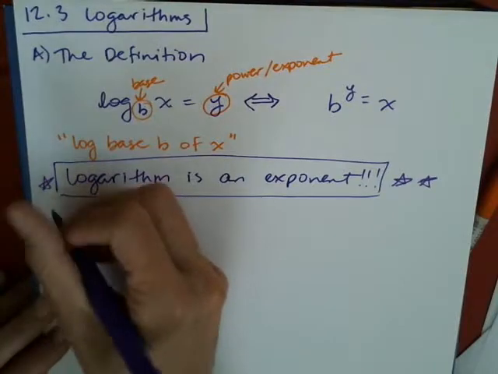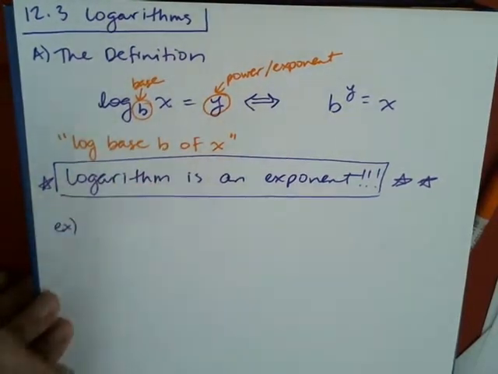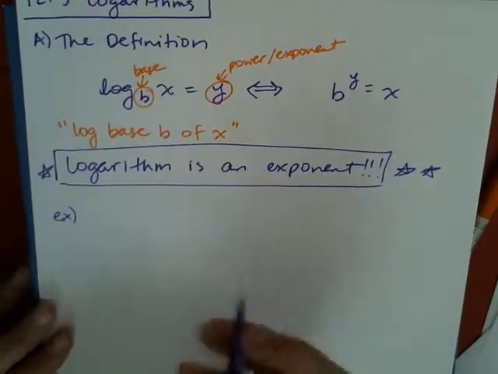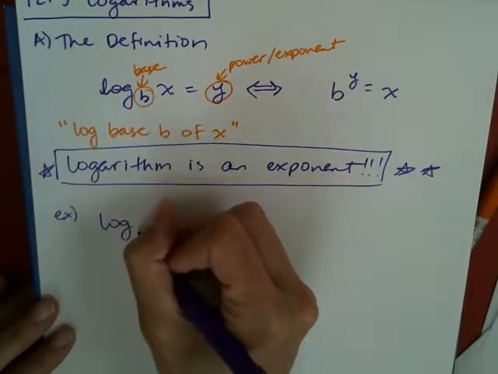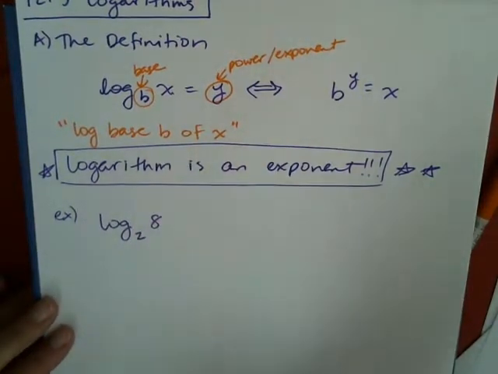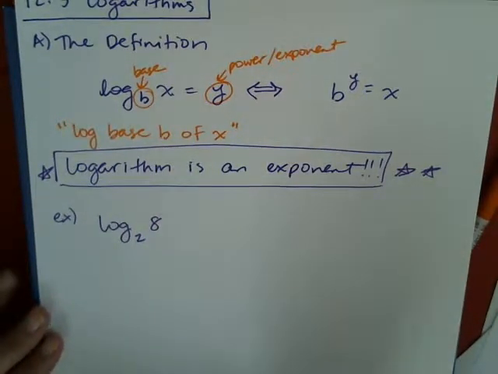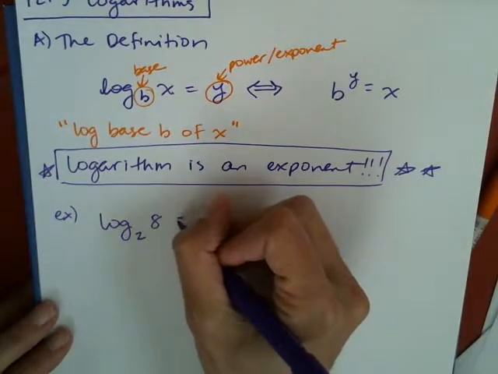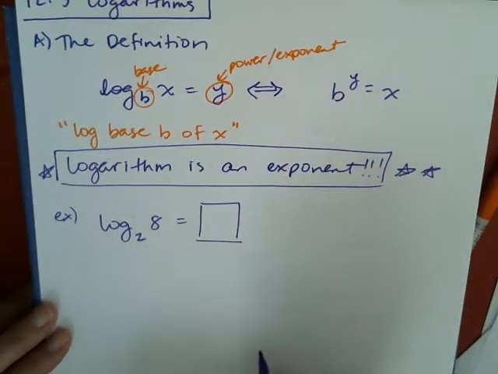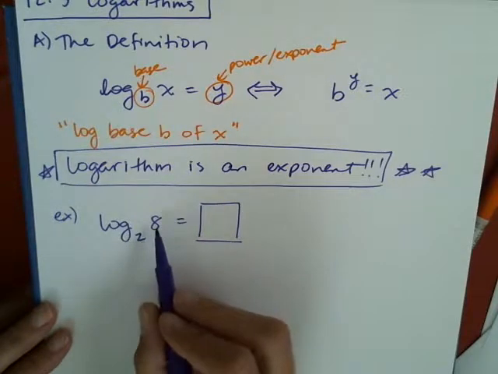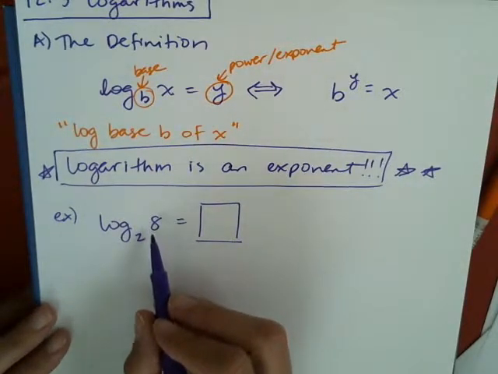Okay, so there's that. Some examples. What does this mean? Let's do log base 2 of 8. Remember, a logarithm is a power. I want to simplify this, I want to compute this. If 2 is my base, 8's kind of my answer.